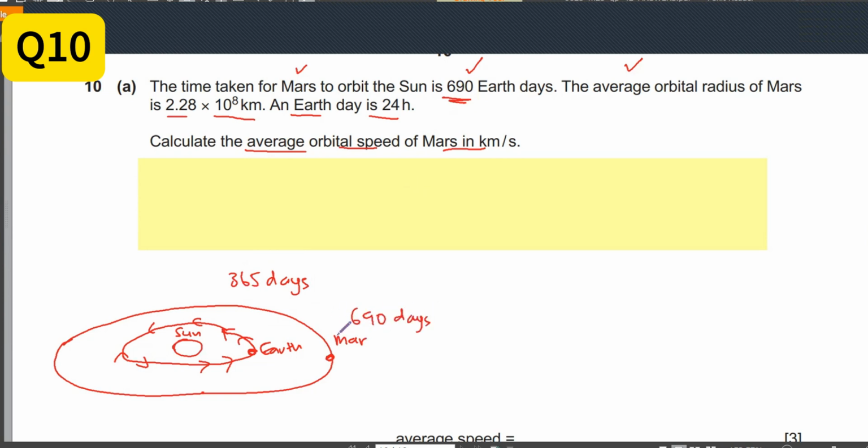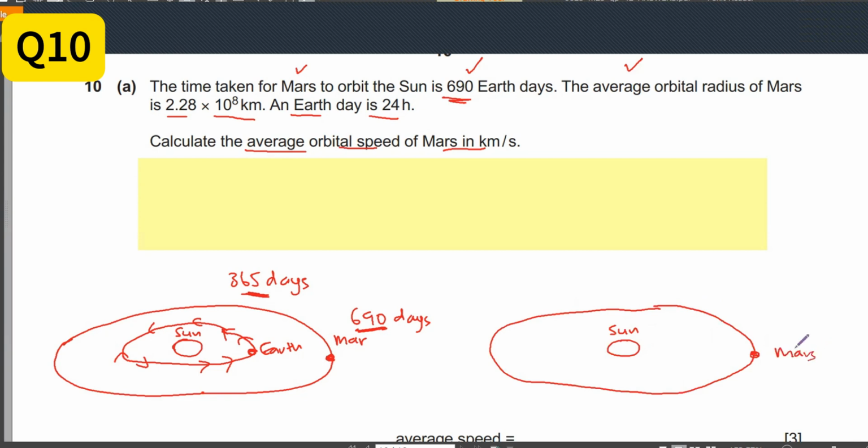Makes sense: Mars is further away from the Sun, so it takes a longer time to orbit the Sun. Our objective here is to find the average orbital speed. We want to know how fast it is moving around the Sun.